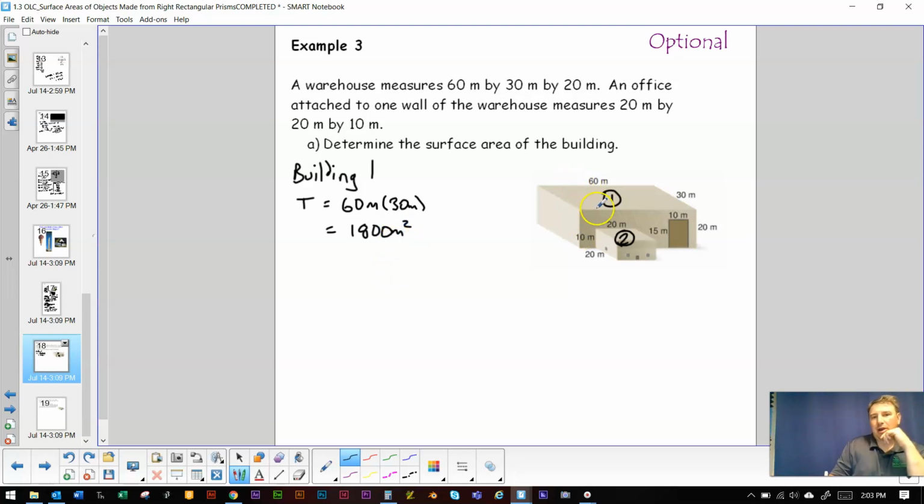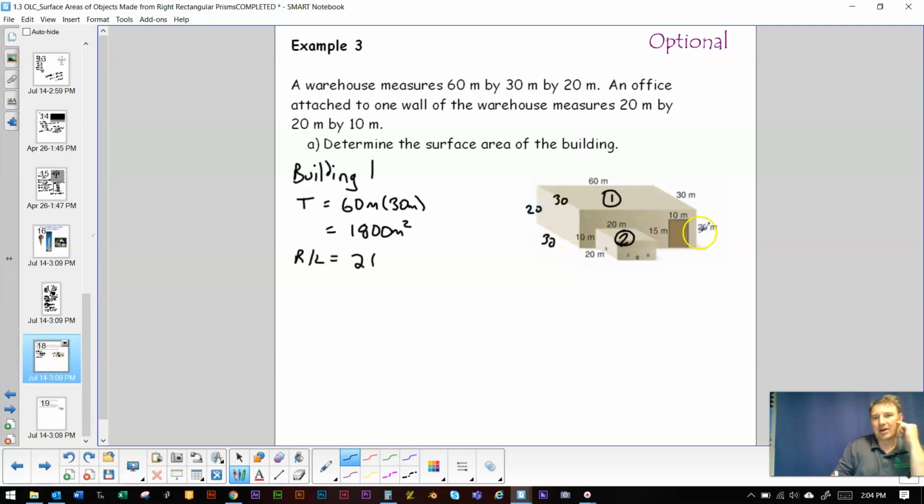Now, let's do the sides first. The right side and the left side, those we both need. Now, none of those are covered, so we need both of them, right? So I'm going to put 2, and each one of those is 30. I can tell because it's 30 up here, which means it's 30 there as well. And what's the height? 20.